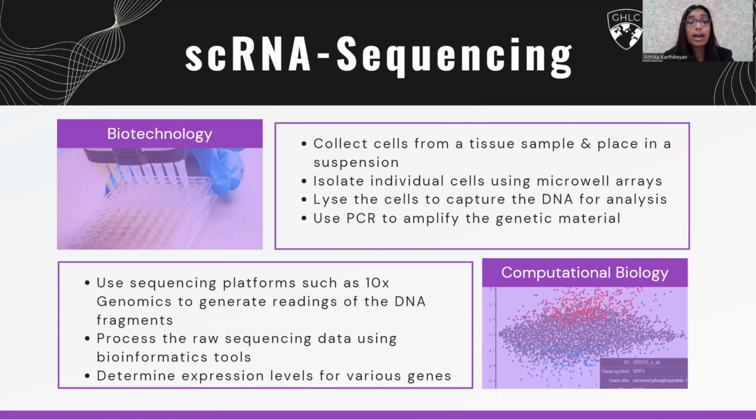After this step is where my research began. I used data from the National Institutes of Health, where the DNA was sequenced and read. Using computational biology toolkits like ScanPy, I then analyzed the levels of expression for certain genes and identified potential biomarkers.